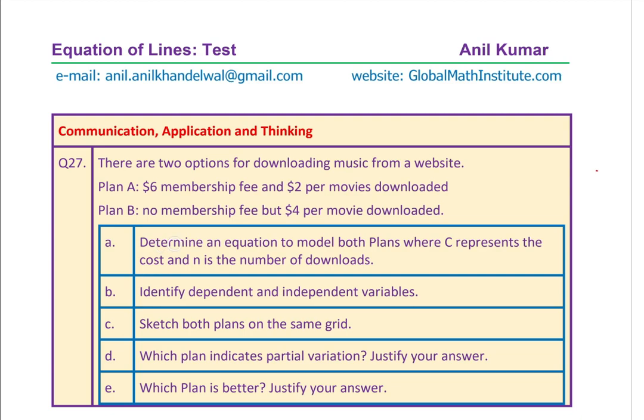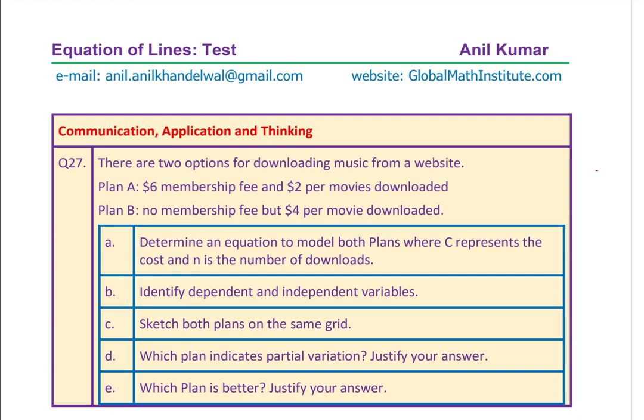Part A. Determine an equation to model both plans where C represents the cost and N is the number of downloads. Part B. Identify dependent and independent variables. Part C. Sketch both plans on the same grid.